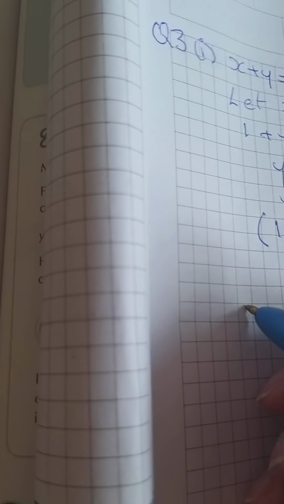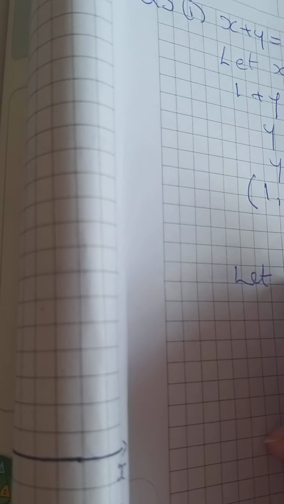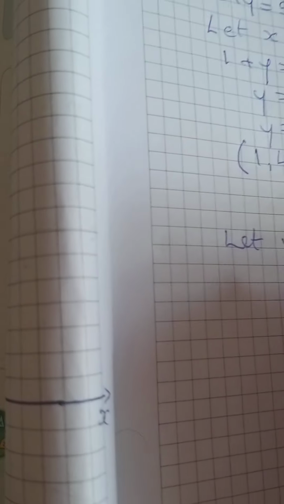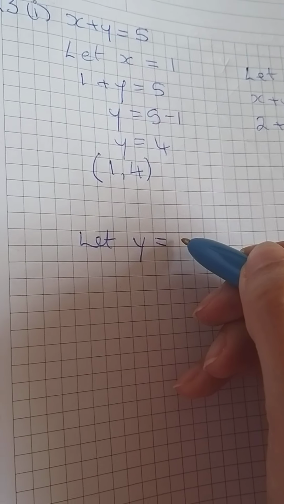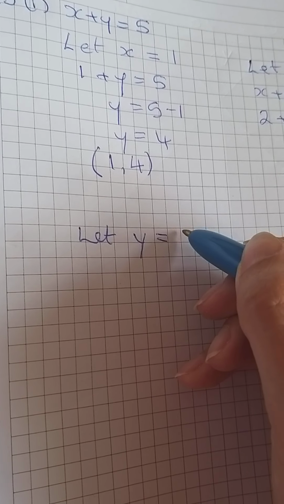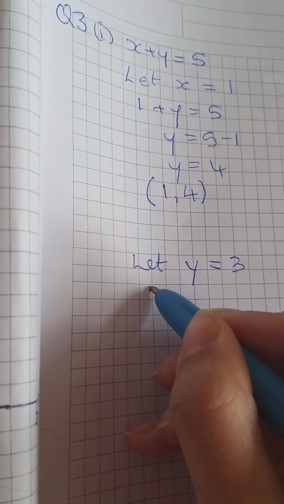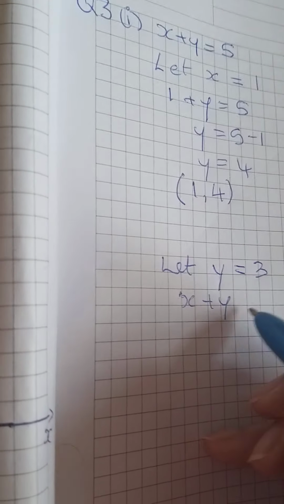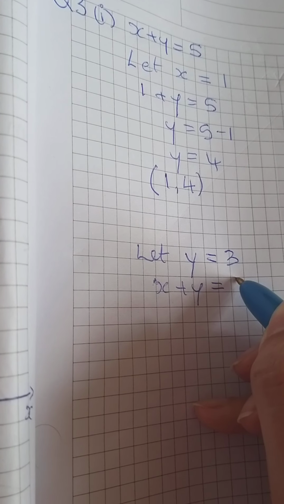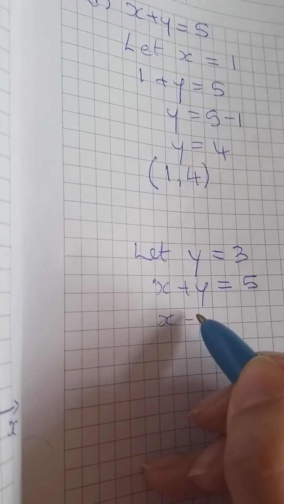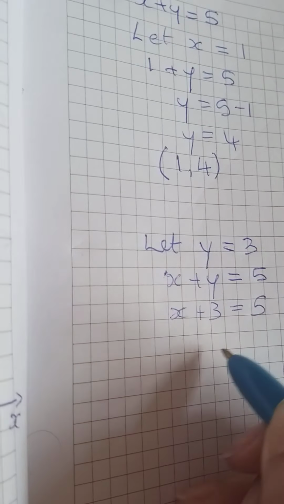Okay, so they asked for 4. This time we'll let y equal, it doesn't matter if you pick x or y, it's going to work out the same. So y is equal to 3. Our equation is x plus y is equal to 5, and we're letting y equal 3, so it's x plus 3 is equal to 5.